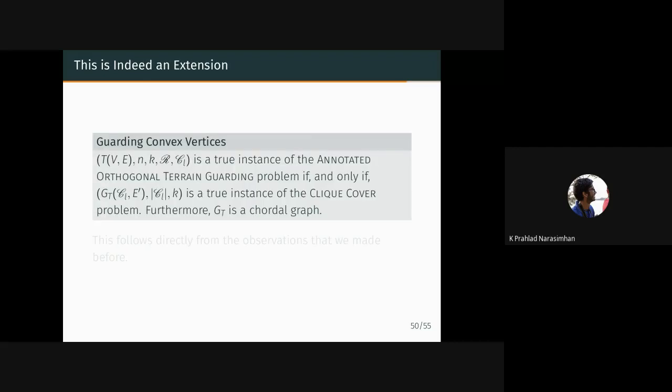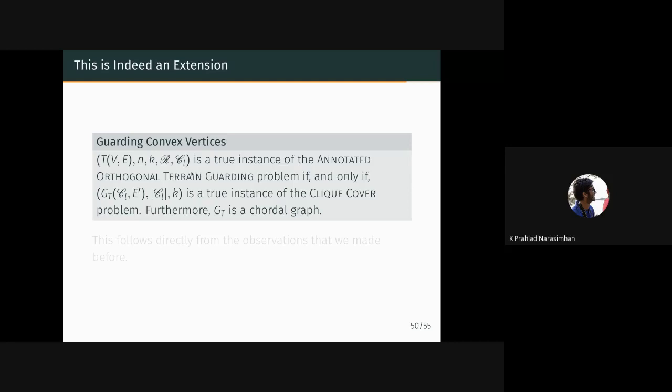So hopefully, as I mentioned before, this is an extension of what existed before, because R and C are disjoint by definition, reflex vertices and convex vertices are disjoint. Therefore, R and CL are disjoint.